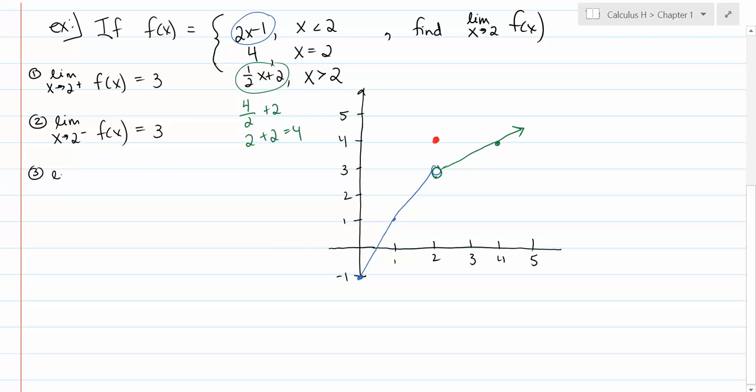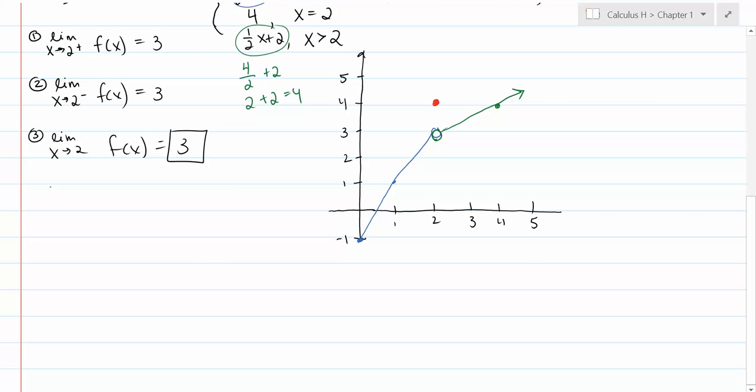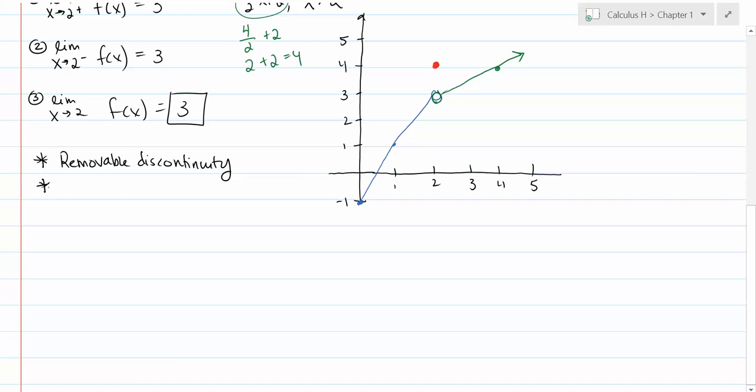Therefore, the limit as x approaches 2 of f of x, we have the same value from the left and right, would also equal 3. Okay. In this case here, we have a removable discontinuity, x equals 2. And the reason being is that we have a hole. We could say that this function is continuous on the interval from -infinity to 2 in union with 2 to infinity.